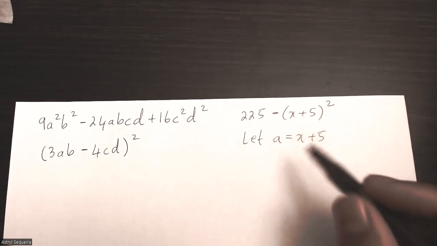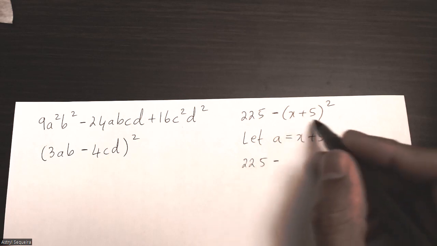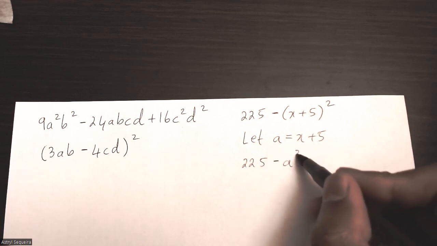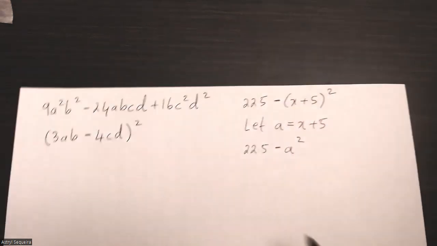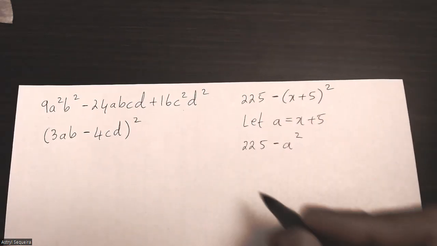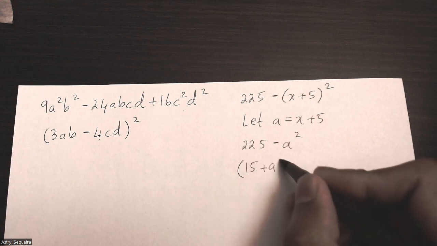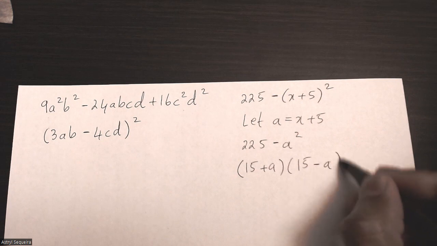So now I can rewrite this equation as 225 minus, and instead of x plus 5, I'll write a squared. So I just replace this bracket with an a. Now this is a bit easier to factor with difference of squares. This is just 15 plus a times 15 minus a.